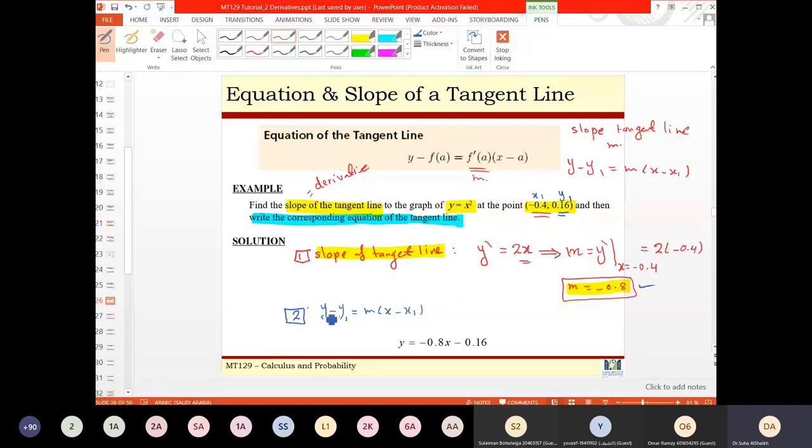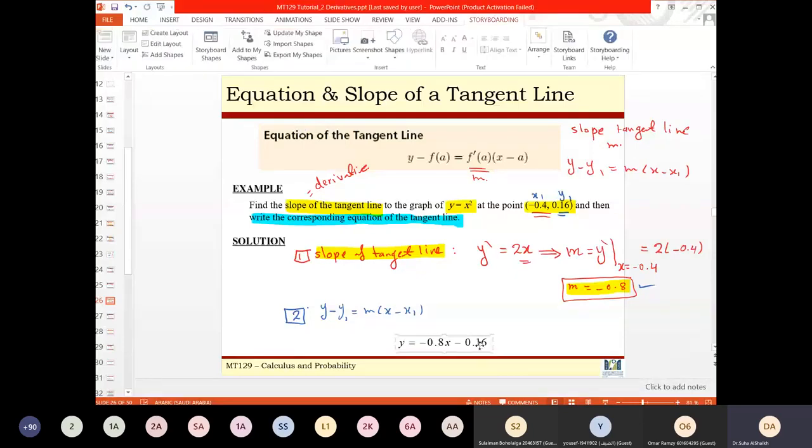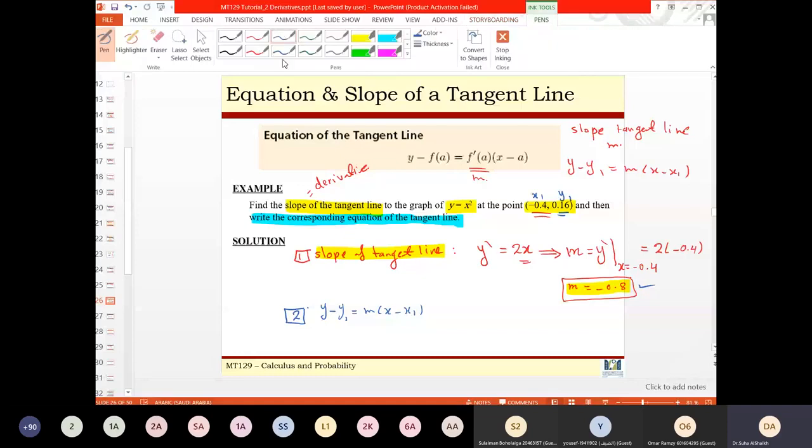So just substitute here and here. So I will get y minus y1, which is 0.16, equals m, which is minus 0.8, times (x minus x1, which is minus 0.4). It will be plus 0.4.